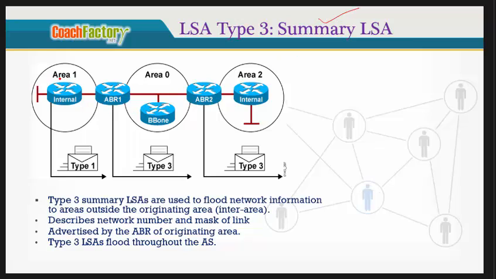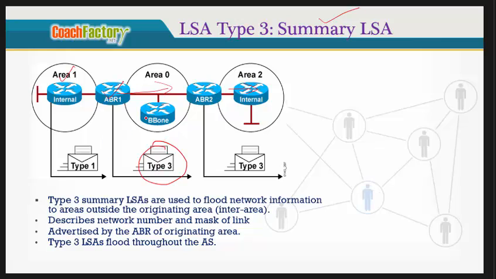The summary information of all the routers which belong to area 1 will be advertised to other areas by the ABR using LSA type 3. So LSA type 3 is a summary LSA advertised by the ABR of the area, which will have the summary information of all the routers which belong to that area.